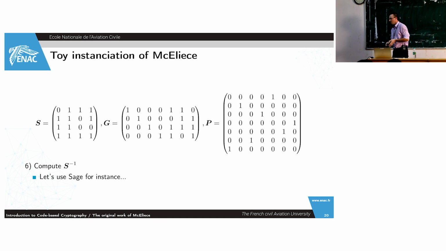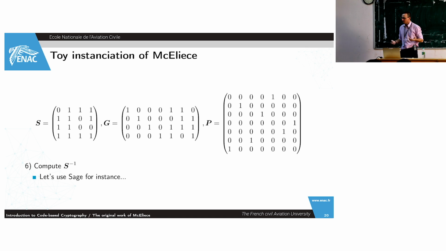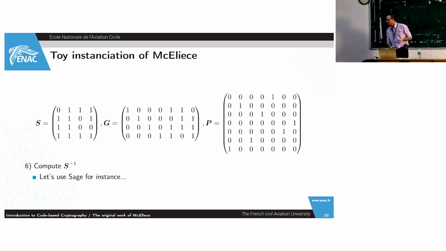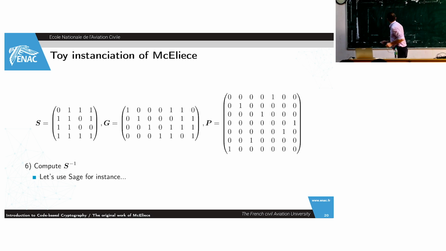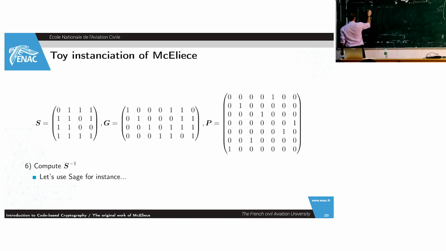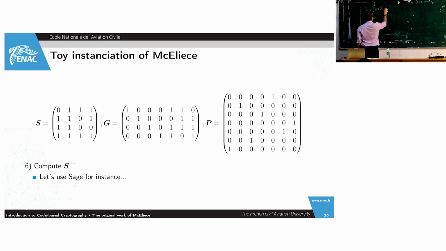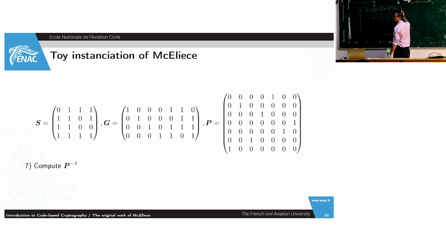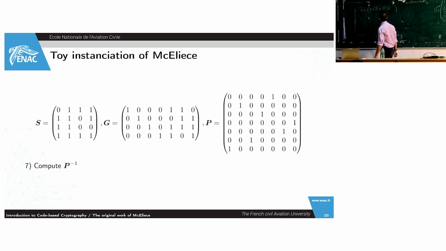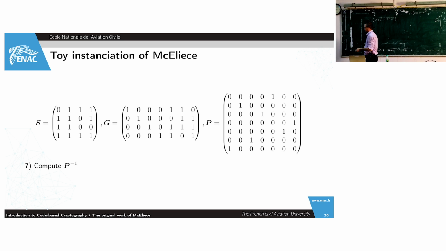Compute Y equals C times P minus 1. Okay, so what's C again? C is equal to 0, 1, 0, 0. 1, 1, 0, 0. Sorry. Yeah. Sorry.